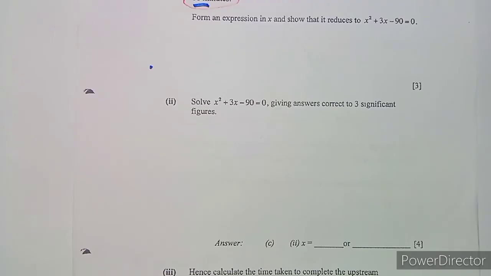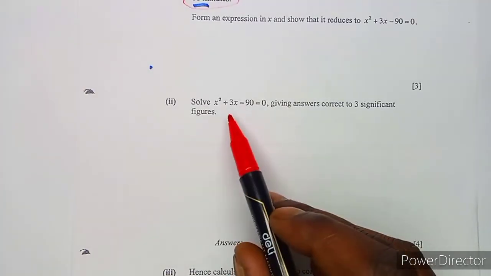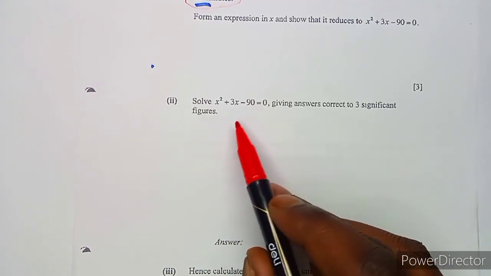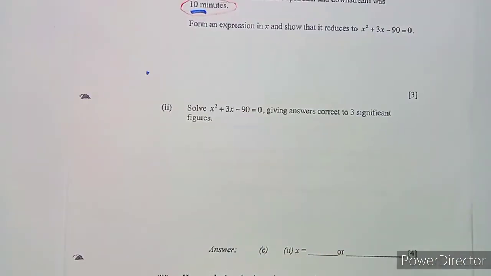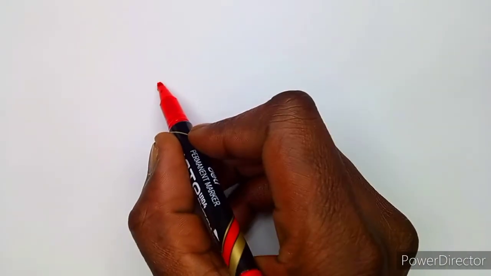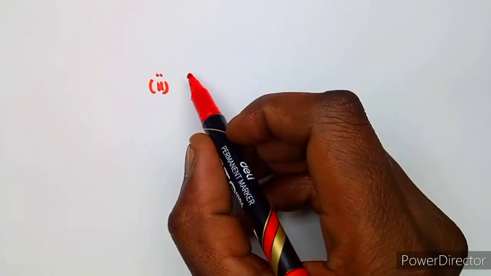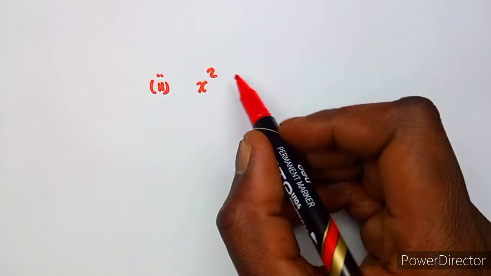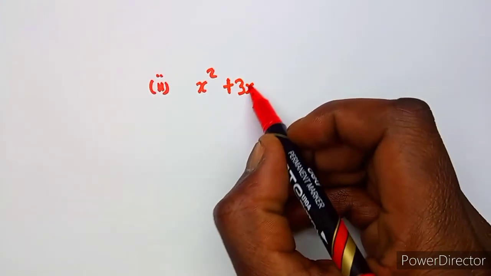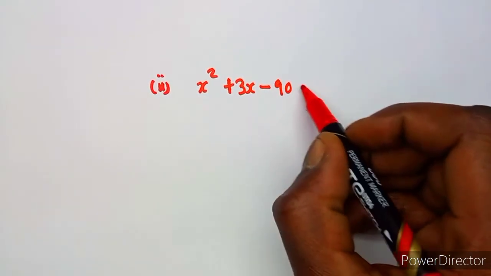And on item 2, it's now to solve that equation that you have reduced. Maybe you couldn't manage to reduce to this part, but this one you continue from here, because it's a new question: we must solve x squared plus 3x minus 90 is equal to 0.